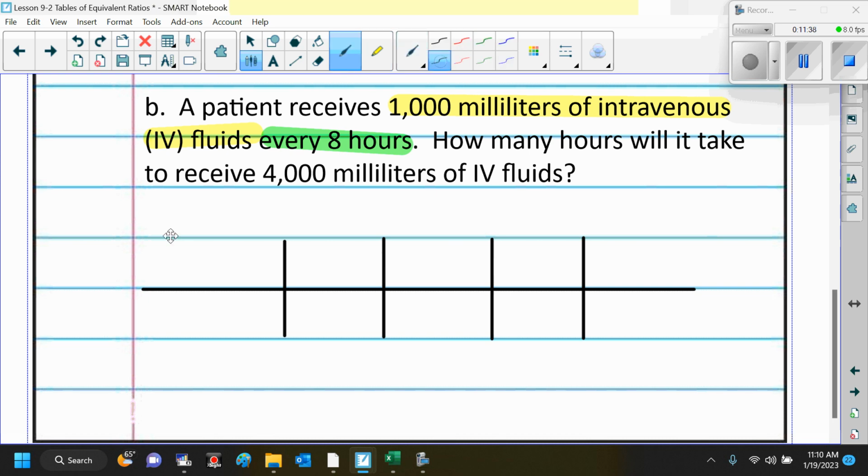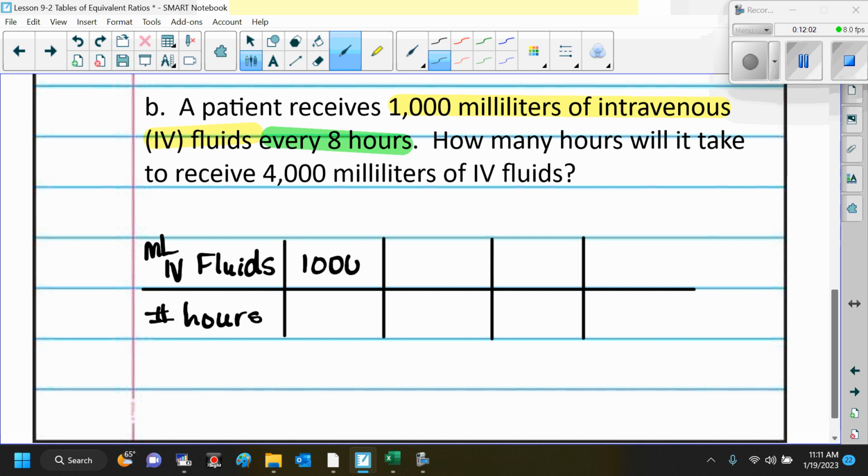Okay, so we're going to write milliliters of IV fluids up here, and the number of hours down here. Now, what's my first ratio going to be? 1,000 to 8. Very good.